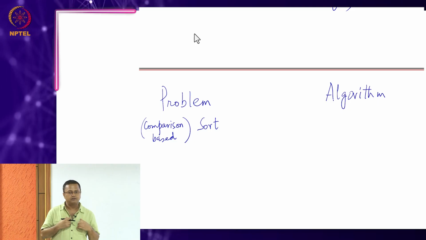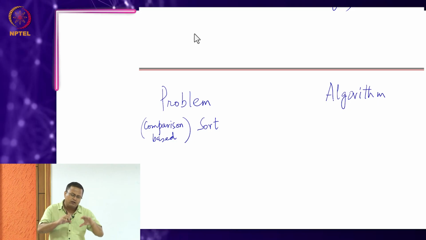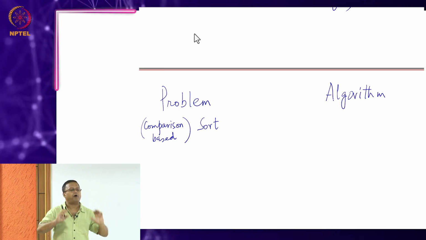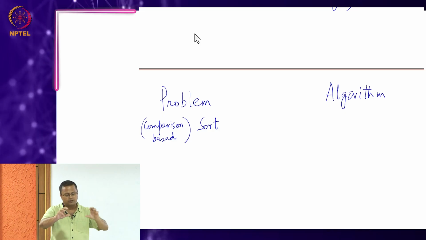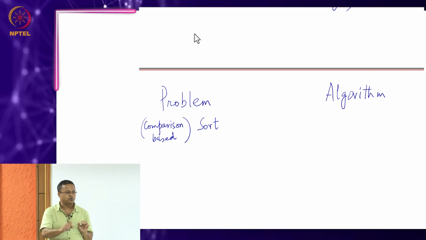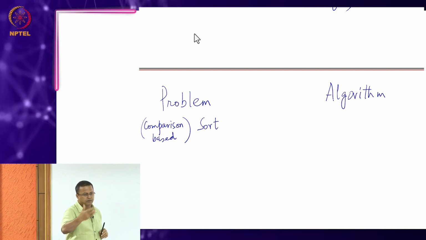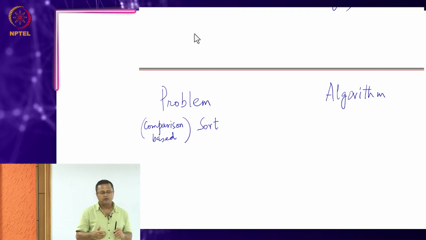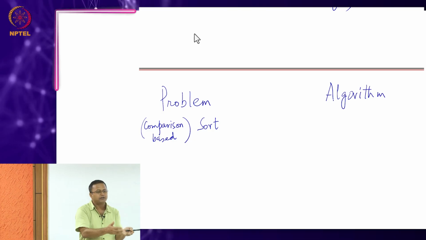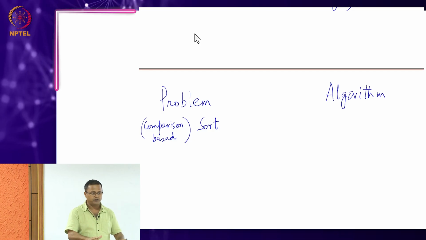Under this RAM model, let us even make this machine model more rudimentary. So, I give the machine the power to compare two numbers, right. That is why it is comparison based sort. Now, if you look at your quick sort, your bubble sort, your selection sort, whatever, essentially you compare, and based on the comparison you do something, either you swap or you allow it to remain as it is.